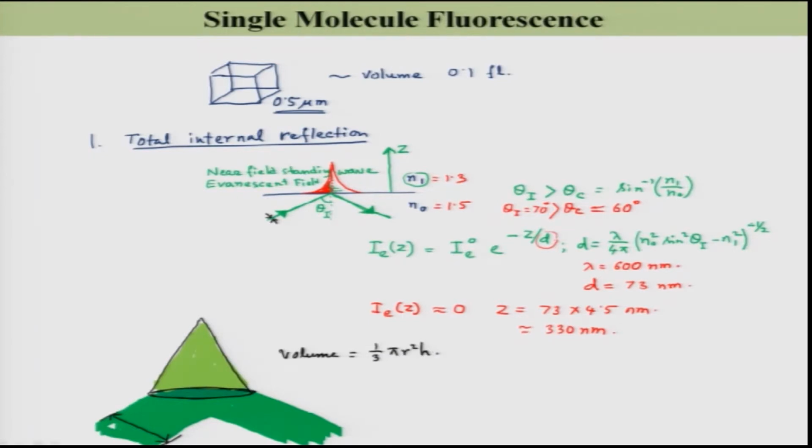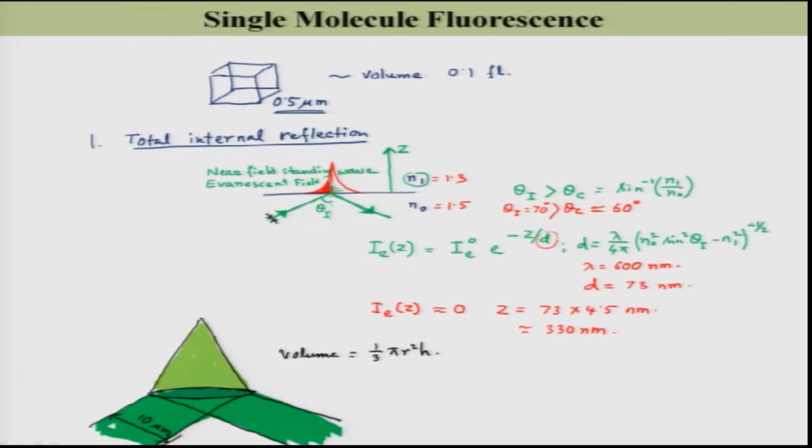So, if the diameter of this incoming light is a realistic number, let us say 10 micrometer, then this 10 micrometer light will come here and undergo total internal reflection like this, and the evanescent field will be created.